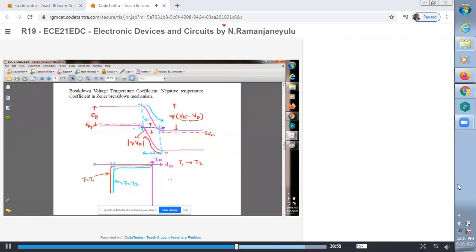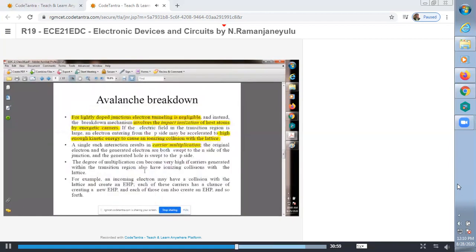Now coming to avalanche breakdown. What are the conditions for Zener breakdown? Zener breakdown needs heavy doping and a large electric field. Here in avalanche breakdown, a large number of carriers also cross the junction, but this happens at higher voltages.